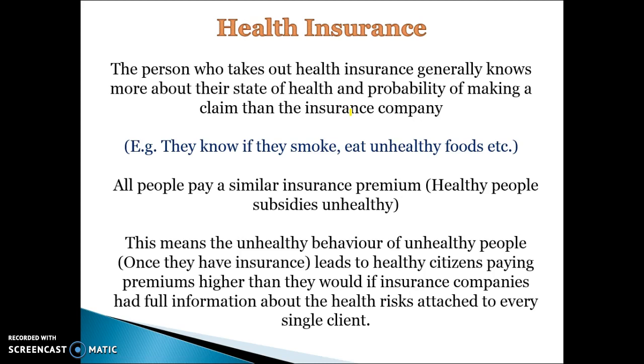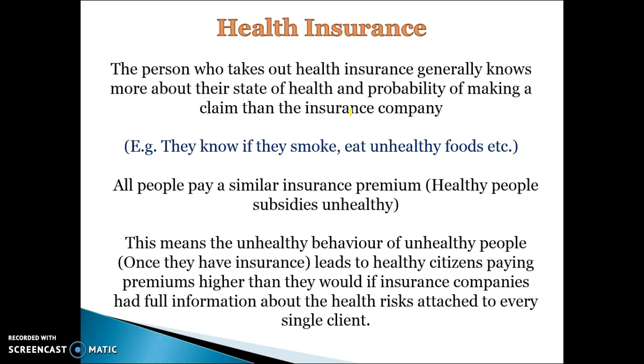This means that the unhealthy behaviour of unhealthy people leads to healthy citizens having to pay higher premiums. So for example, if I get health insurance, that provides an incentive for me to eat more junk food, to smoke, to drink more, and therefore I'm more likely to make a claim, and because the insurance companies have to make money, they have to raise their premiums, and therefore, because the premiums are now higher, healthy citizens decide not to purchase insurance.